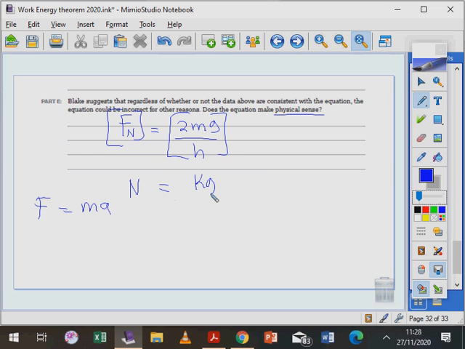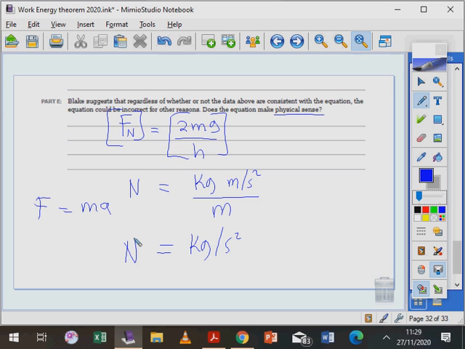Mass is kilograms, g is meters per second squared, divided by meters. So that's just kilograms per second squared. Is that the unit for newtons?